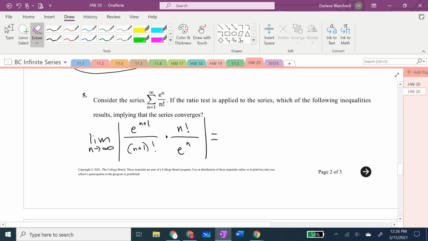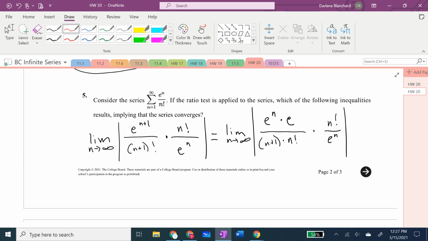And then you can start a little bit of algebra. So I'm just going to set this to the side to clarify. E to the n+1 is e to the n times 1 more e. n+1 factorial is n+1 times n factorial. And I get some lovely cancellations.